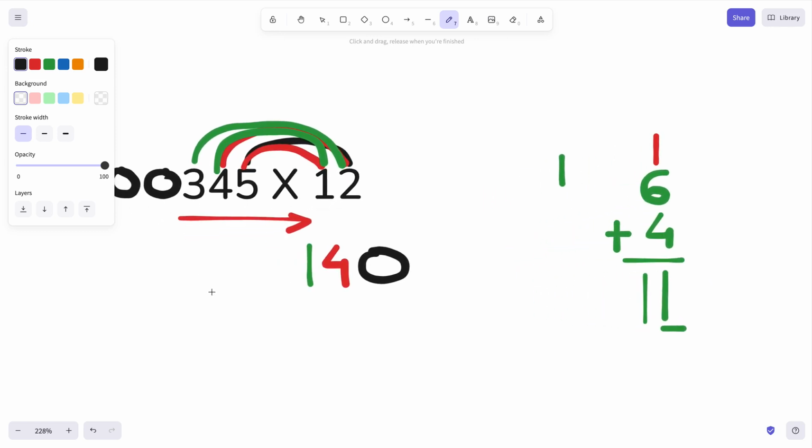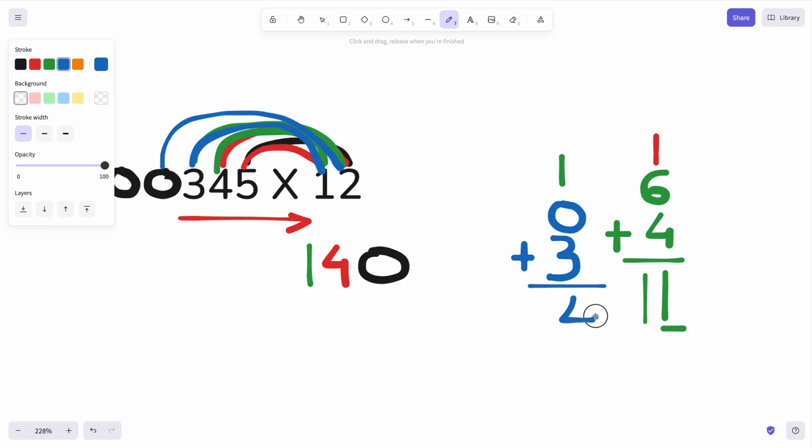Now, we continue. We take this one. 0 2s are 0. And the neighbor 3 1s are 3. So we add. The answer is 4. So we write 4.